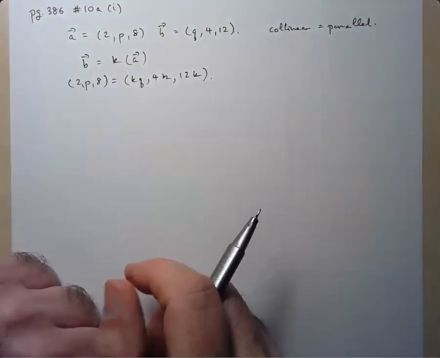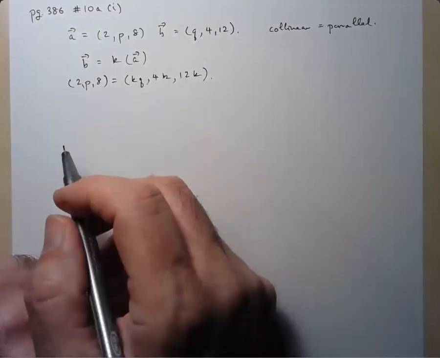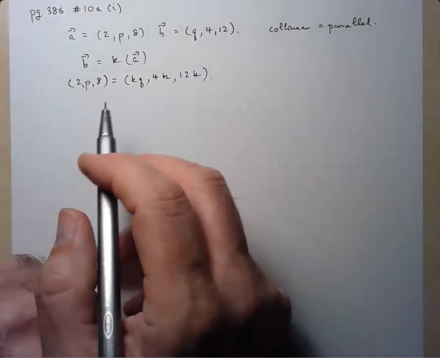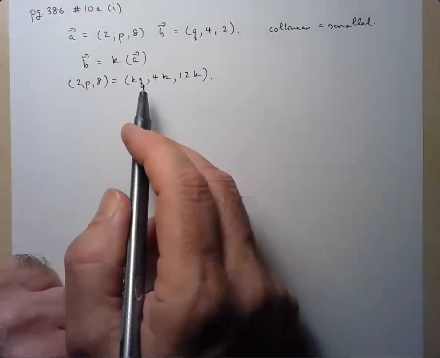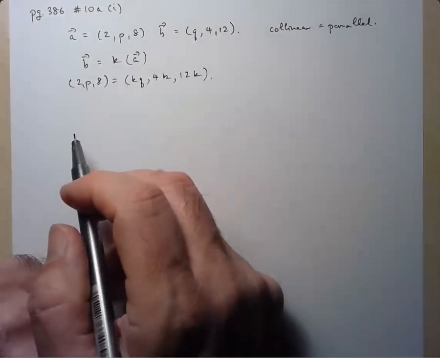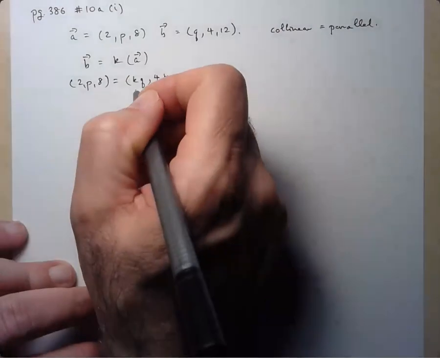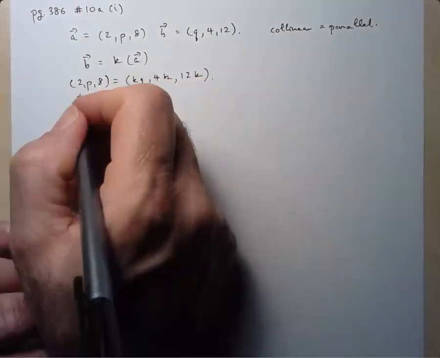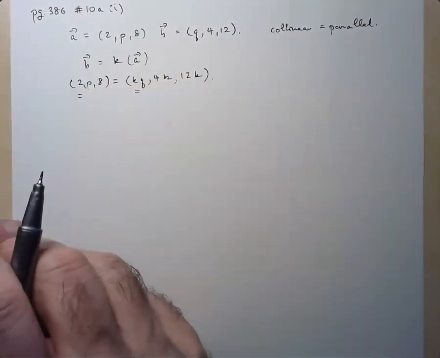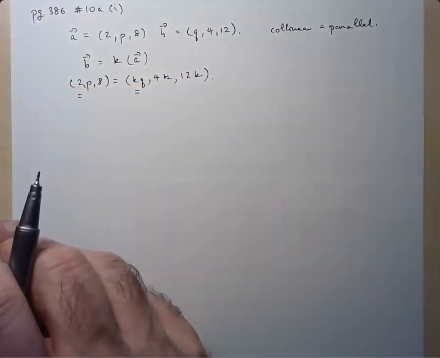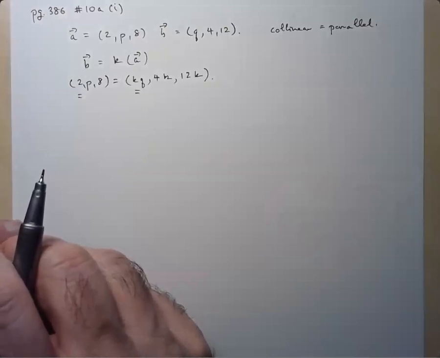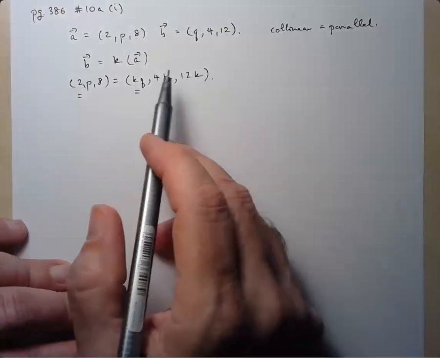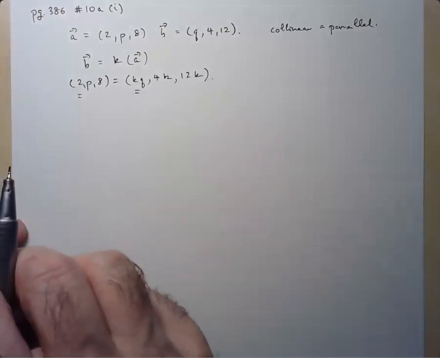Okay, so this is what must occur. Now, the reason why this is solvable fairly easily is that the X component of the right-hand side has to be equal to the X component of the left-hand side, and likewise for Y and Z. Now, there's one of these in particular that's going to make our lives very easy.